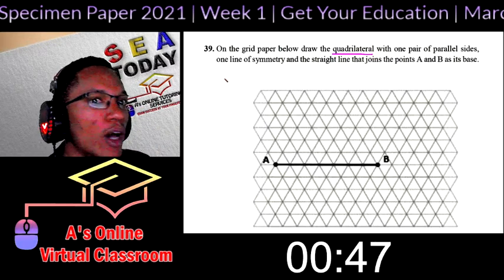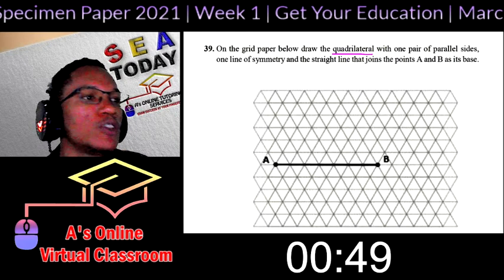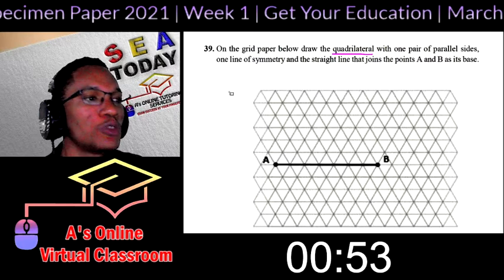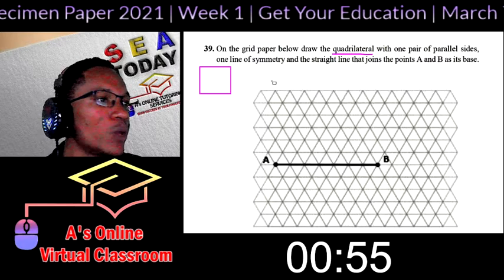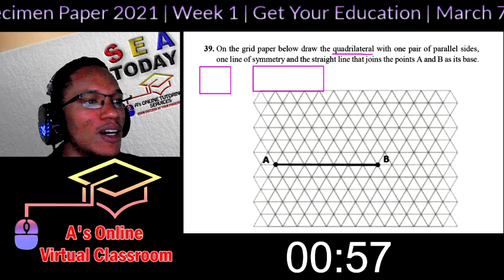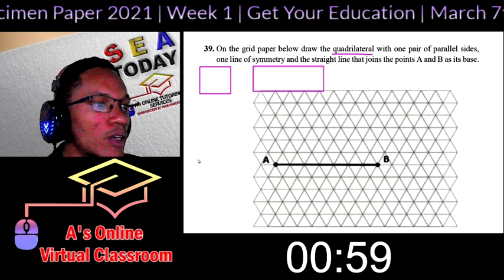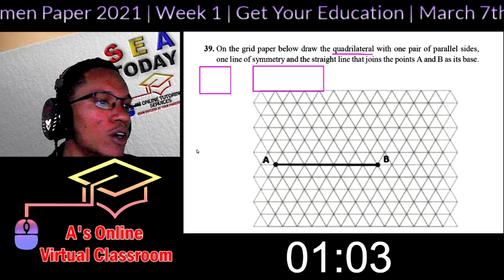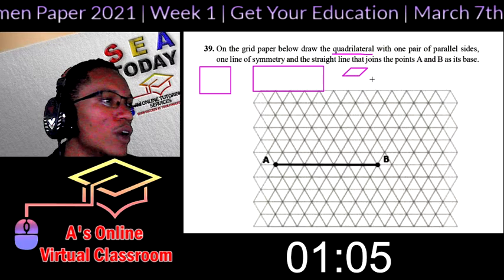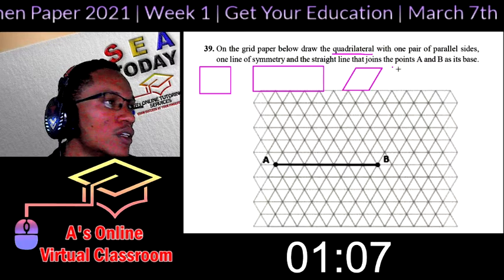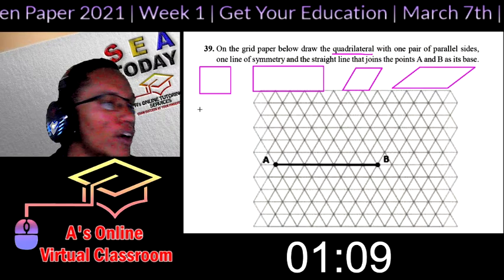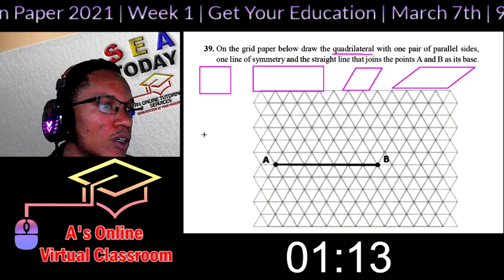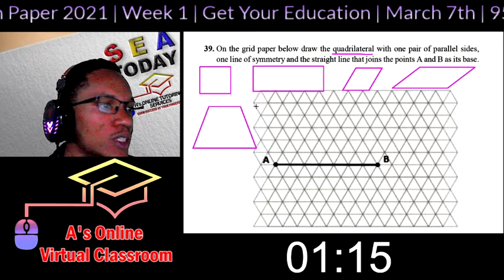So we have 5 quadrilaterals that SEA wants us to know. We're supposed to know them all. We have square, we have rectangle, we have our rhombus, we have our parallelogram, and the last one on the list would be a trapezium.